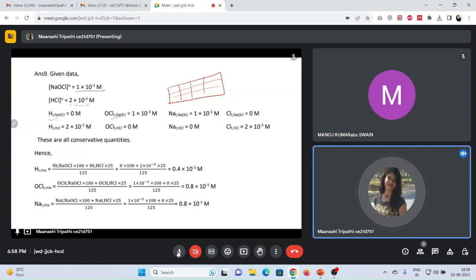Then we can simply use the dilution formula: how much HT is there, NaOCl into 100 plus HT in HCl into 25, multiplied and divided by the total volume, we can get HT. This will give the pH of the solution.